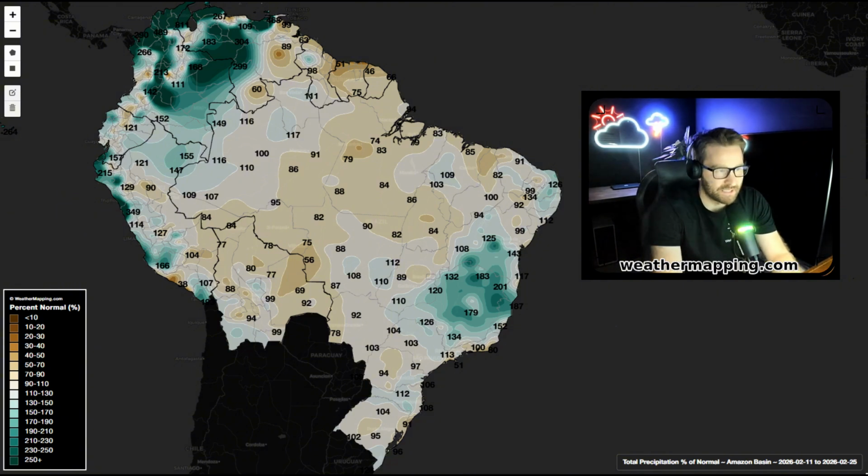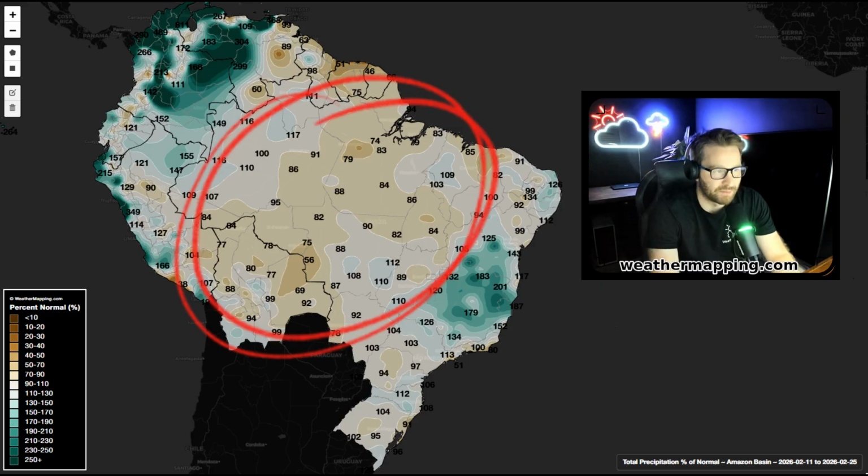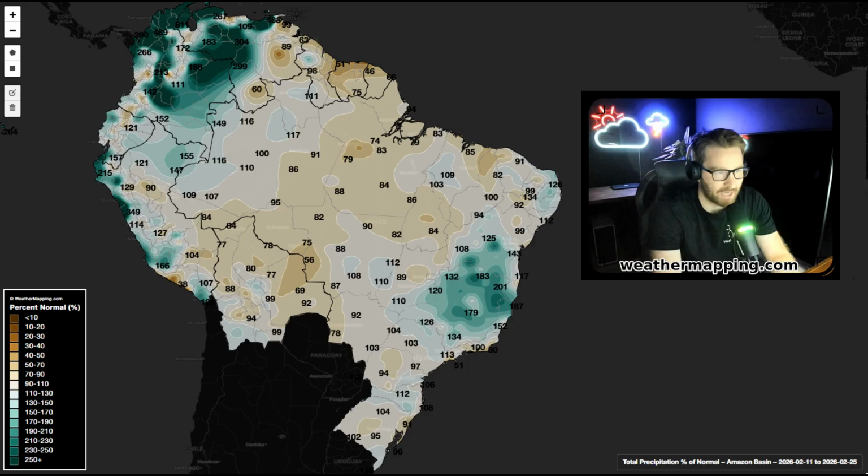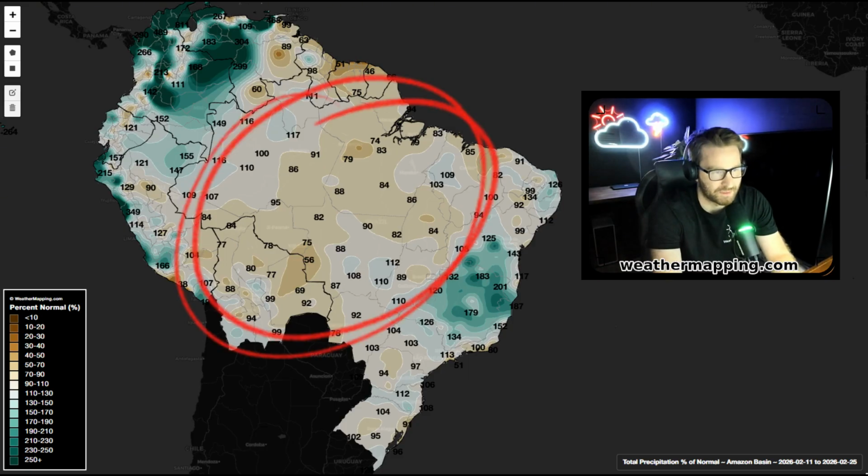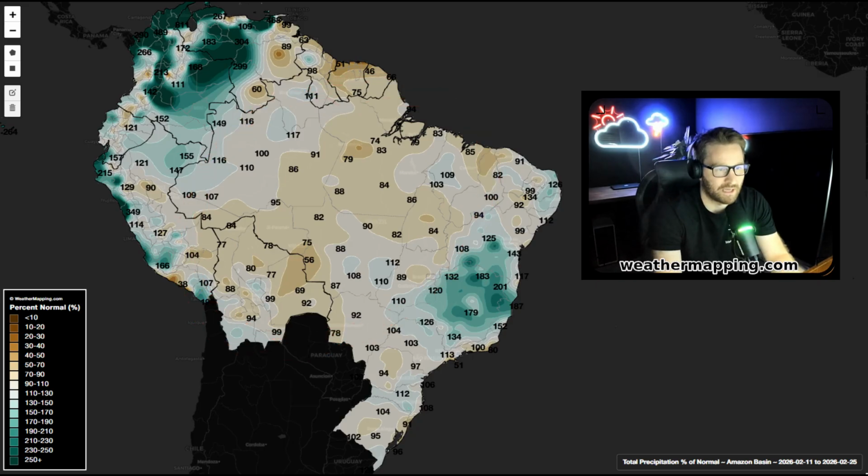Looking at the central Amazon, interior Brazil, from the mid-basin through to much of interior Brazil, we're settling on near normal, between 90 and 110% of normal, with some pockets slipping into the 80s. That suggests the wet season is continuing, but not necessarily with persistent amplification in that core interior.